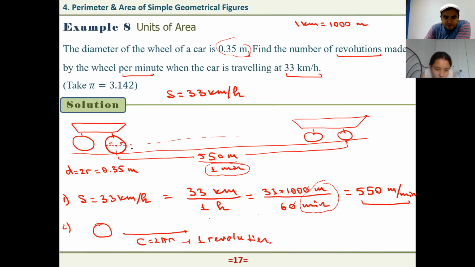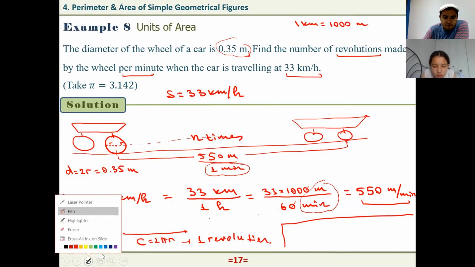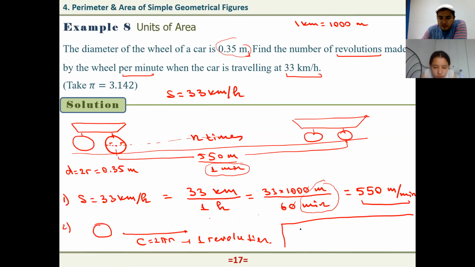Now I assume that to cover this distance, the car's wheel must revolve n times. If it should revolve n times, what do we have then? I get this equation: n times the length of 1 revolution, the circumference, should be equal to 550 meters.